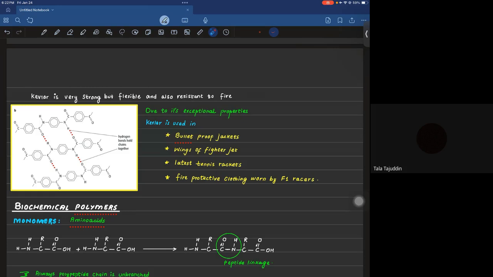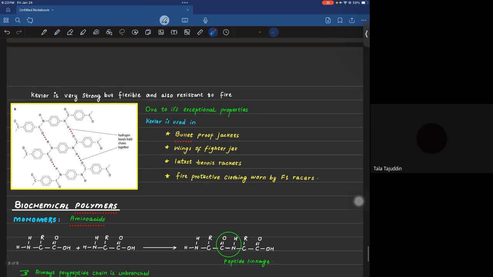Then the third one is that the latest tennis rackets are made of Kevlar. I would say these uses tell you how strong the polymer is. And the last one is fire protective clothing worn by F1 racers. In racing cars, due to accidents, they can catch fire.